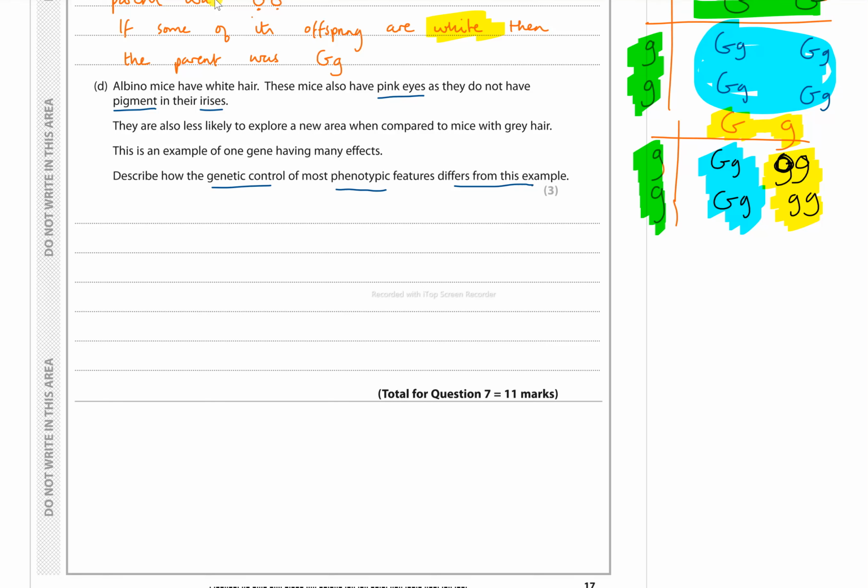Right. So what that means is phenotypic features are usually controlled by more than one gene.